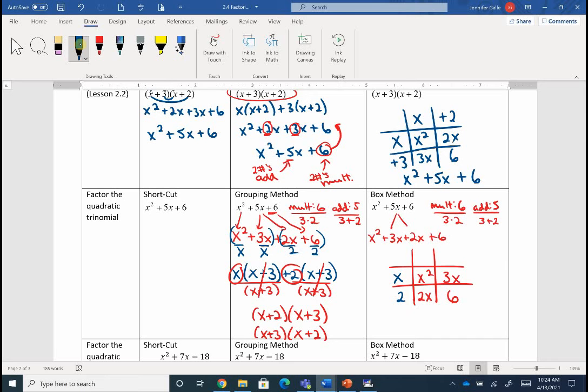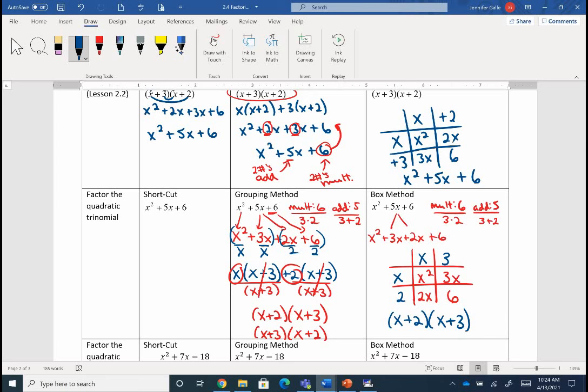My first column, x squared and 2x, and x can come out. My last column, 3x and 6, a 3 can come out. Everything's positive. We've got an x plus 2 down the side and an x plus 3 across the top. Whichever way you want to write that, it does not matter to me. It doesn't matter to me one bit.